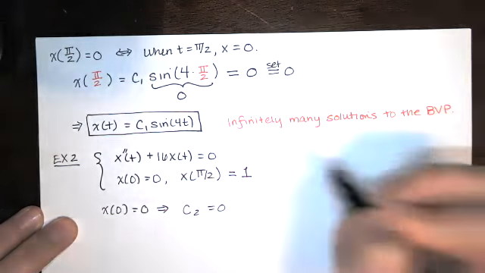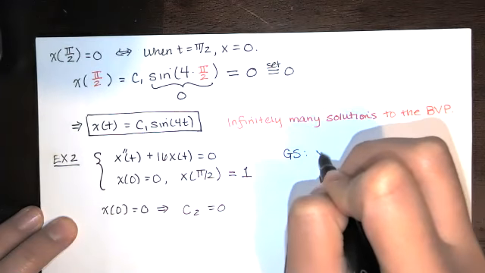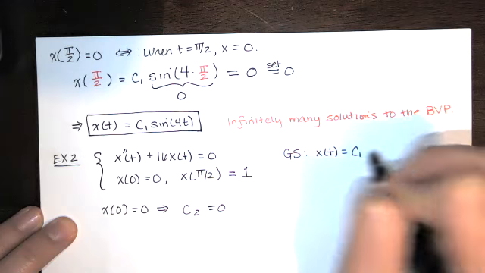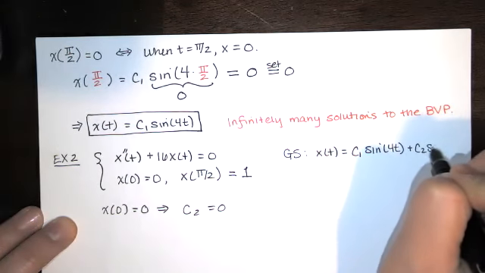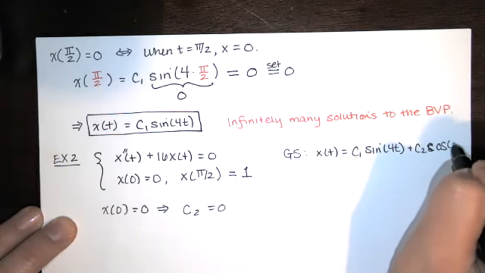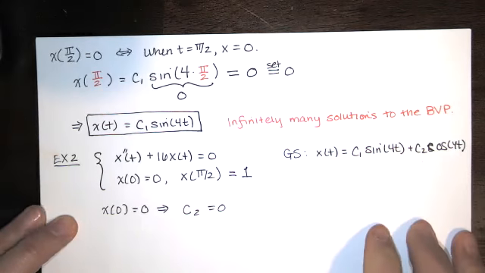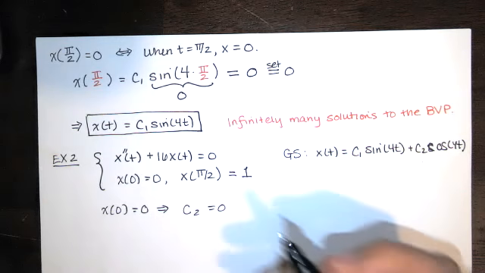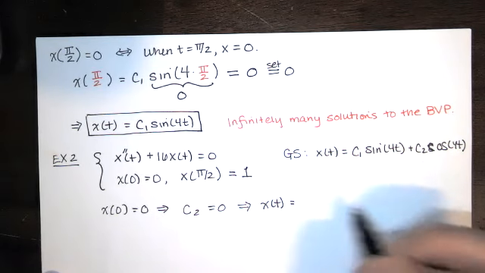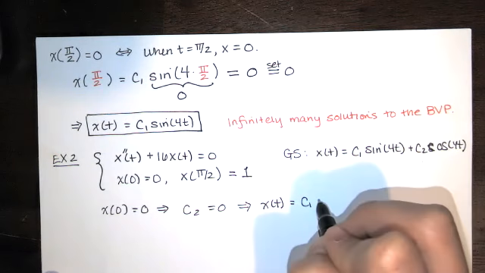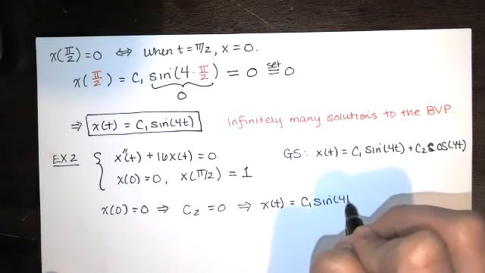And this is where our general solution that we're considering is C1 sine of 4t plus C2 cosine of 4t. So this implies that C2 equals 0, and that implies that at this point, without looking at any other conditions, x of t must be a constant times sine of 4t.